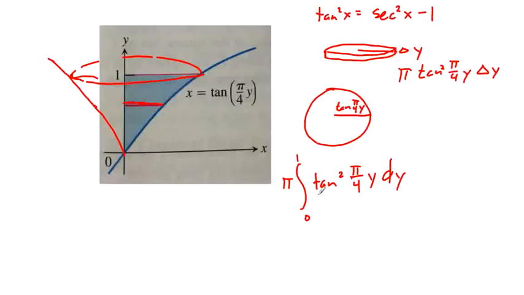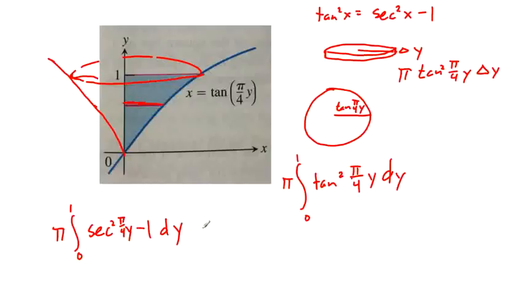So I'm going to use that on this. So I end up getting pi integral from 0 to 1 of the secant squared of pi over 4 y minus 1 dy. Oh, and it's not x. This is pi over 4 y.